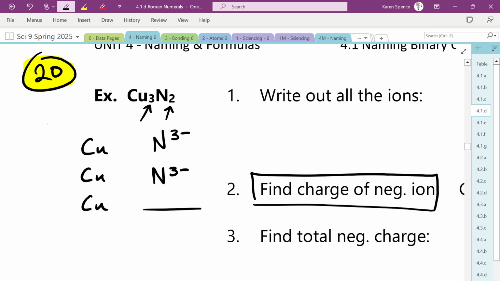Add up all your negatives. 3 negative and 3 negative gives us 6 negative. How much positive charge do we need? 6 positive. These two should be the same number. Okay?